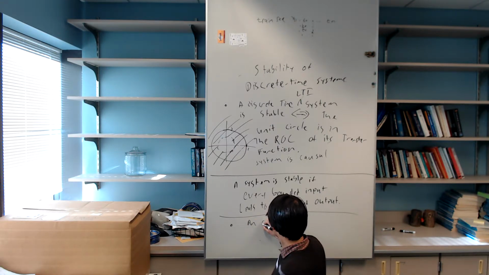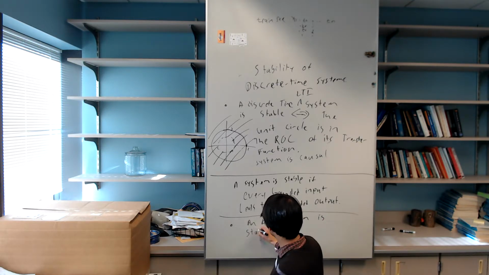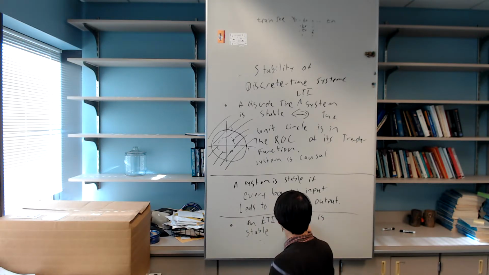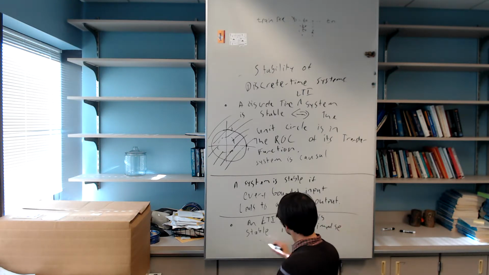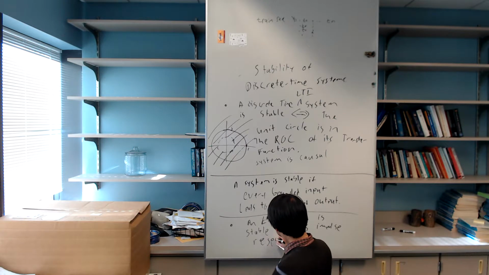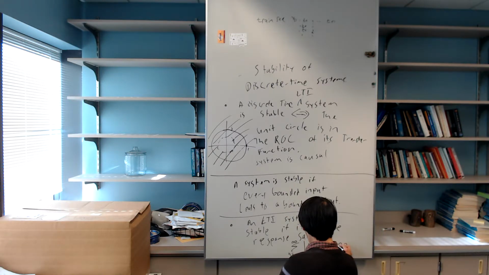An LTI system is stable if its impulse response satisfies the sum from n equals negative infinity to infinity of |h[n]| is less than infinity.